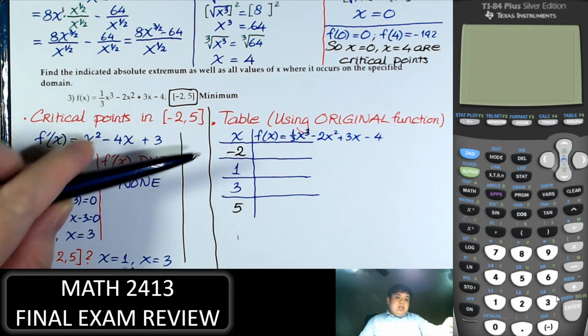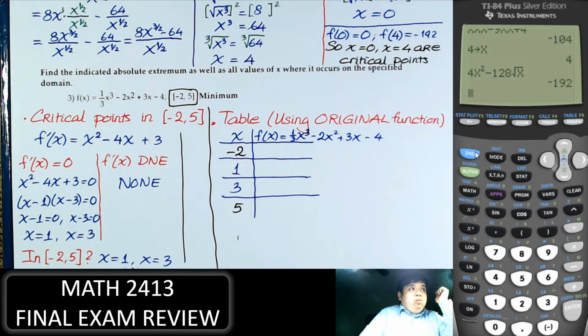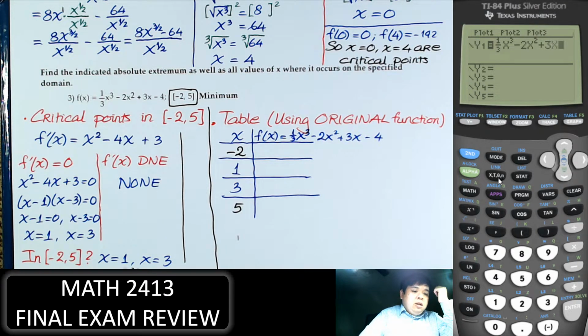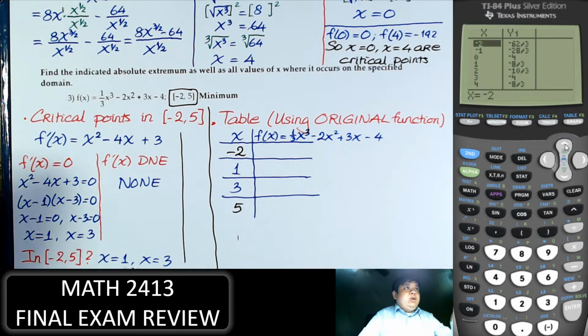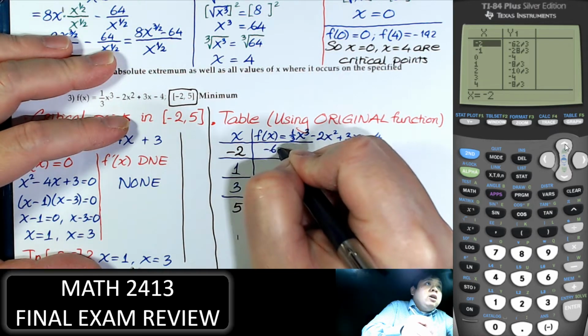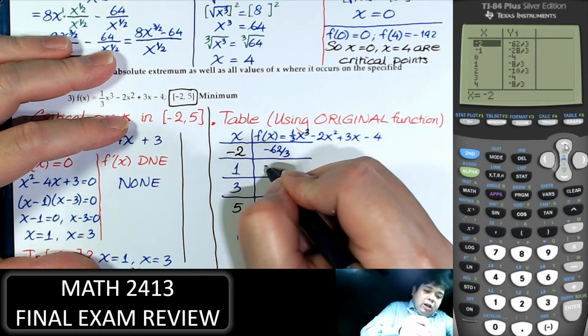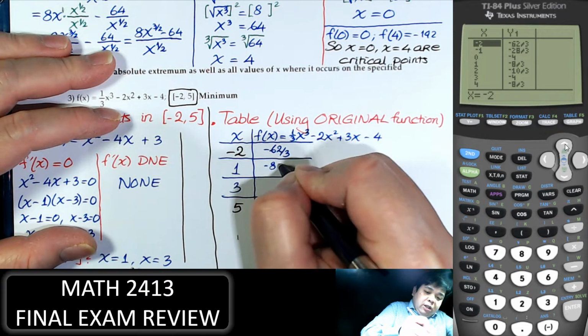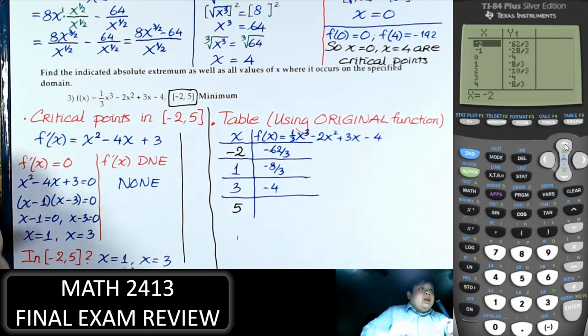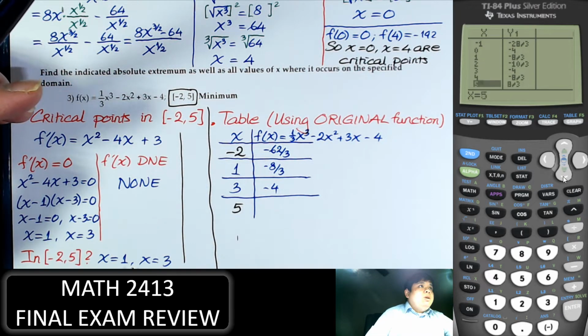Since all of those are integers, it would be most direct to just enter the function, x cubed minus 2x squared plus 3x minus 4, and look up the table values. -2 is -62/3, 1 is -8/3, and 3 is -4, and then 5 is 8/3.